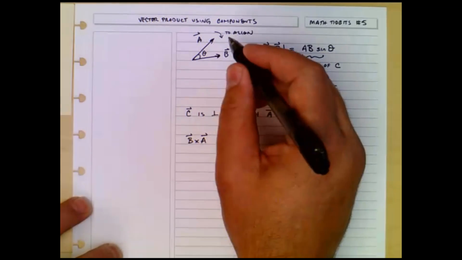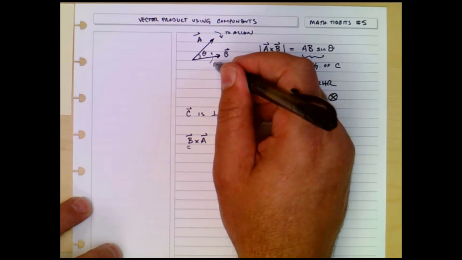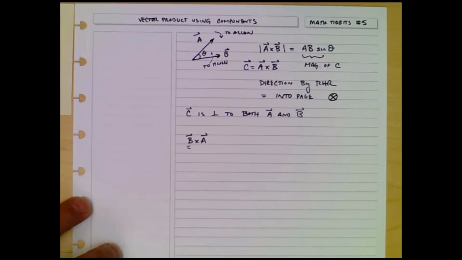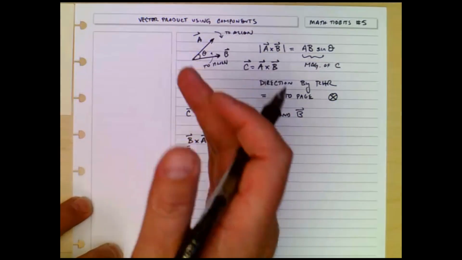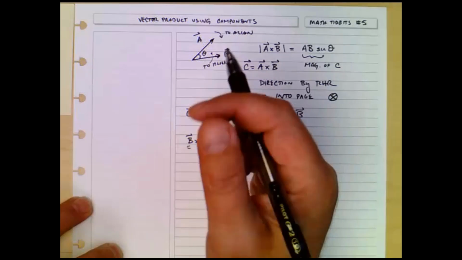But if I note that B is my first one, I need to go clockwise or counterclockwise with B to get it to align with A. So remember, it's always the first vector of the product whose direction of rotation you need to think about. And then as B rotates towards A, my fingers follow that rotation and my thumb points out.